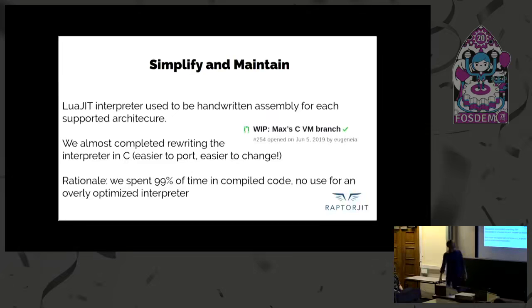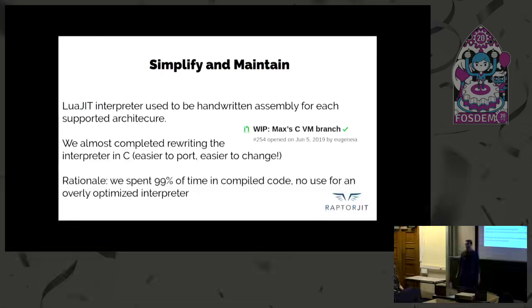The LuaJIT interpreter used to be handwritten assembly duplicated for each specific architecture. And we have almost completed rewriting that virtual machine interpreter in C and hope that will make it easier to port and change the language implementation. The rationale behind this change is that we spend most of our runtime in compiled code, meaning in compiled traces.